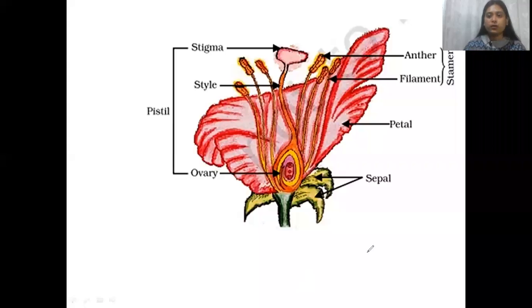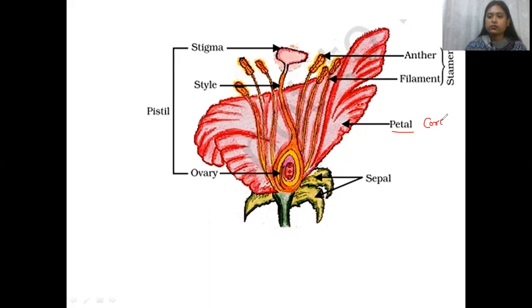having 4 whorls. So here you can see the colorful part, which is the showy part of a flower. This is known as petal. So here it is marked over here. The colorful part of a flower is known as the corolla.